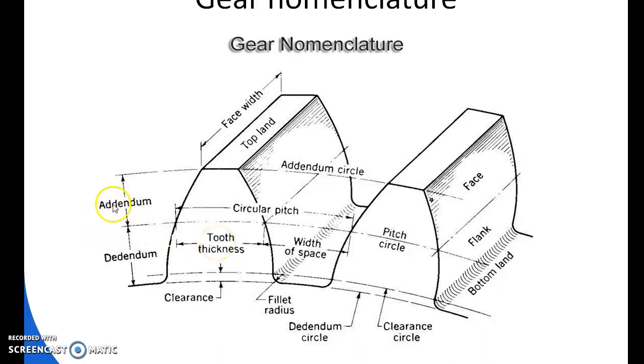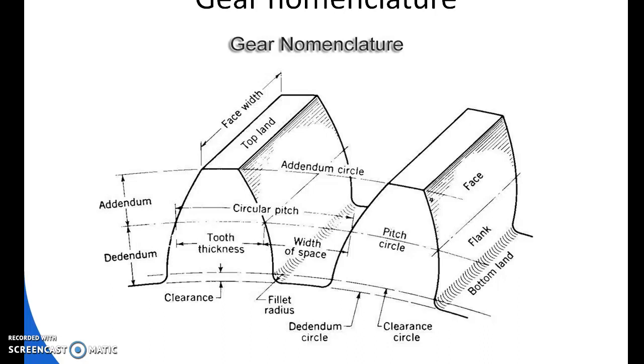Then addendum circle. Here we can see the addendum circle. A circle concentric with the pitch circle and bounding the outer end of the teeth is called an addendum circle. The diameter of the addendum circle is known as the addendum circle diameter.